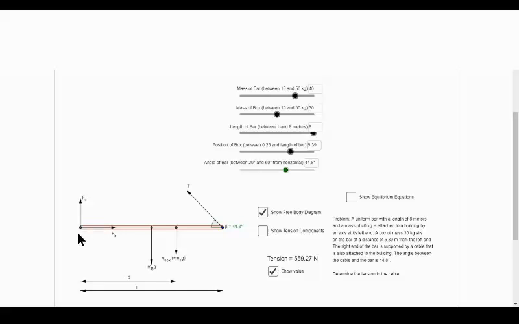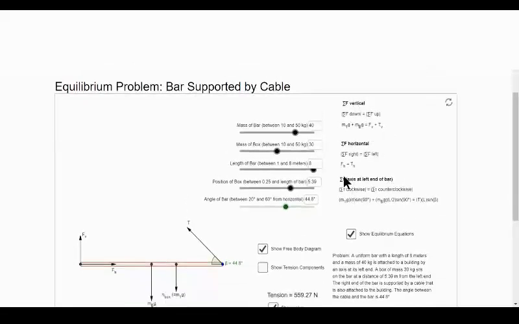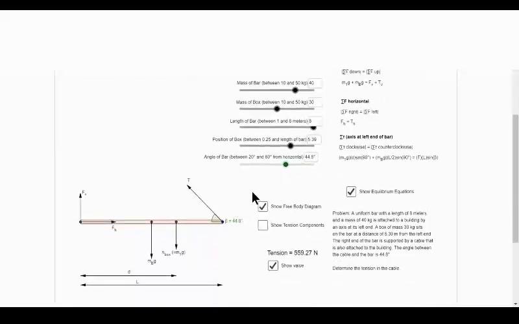We don't know the actual resultant, but we do know that there are two components of hinge force, the horizontal hinge force component and the vertical hinge force component, which we can solve using the static equilibrium conditions. And you can also see the actual equations to solve this problem. It's a very helpful applet.